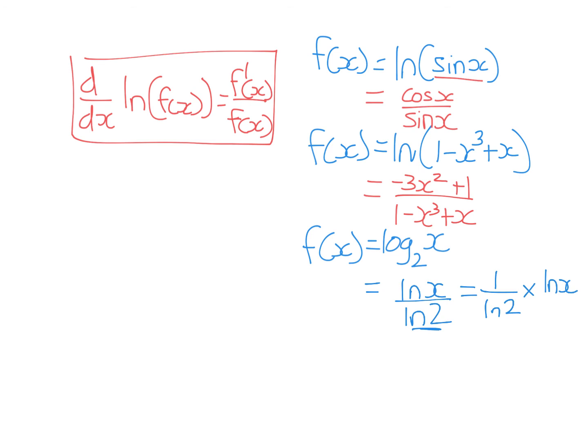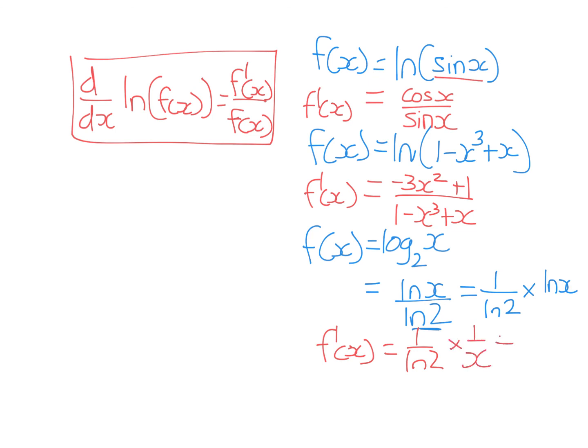So when I differentiate this, and I should have put f dash x up here as well to indicate that I found the derivatives. So when I differentiate this, I'm going to leave the constant alone. If you're timesing by a constant, you just leave it alone. And then I'm going to differentiate ln of x, and we know that that's 1 on x.